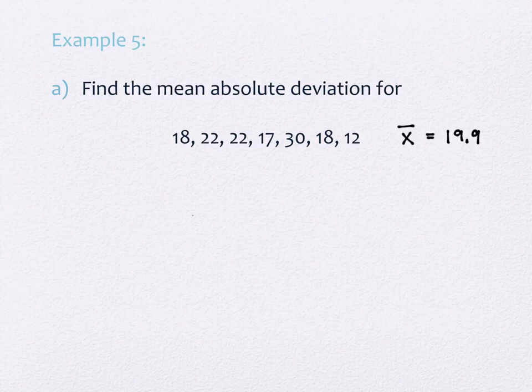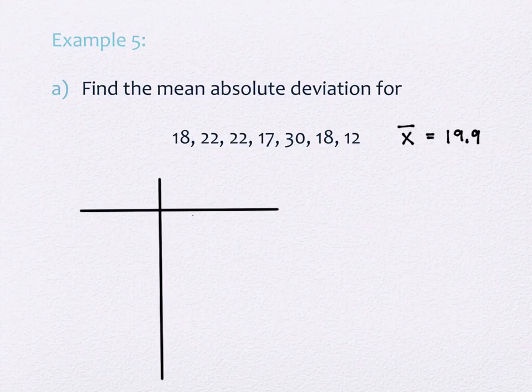All right, what we're going to do is create a table, not because it's absolutely the only way to do it, but because it's a pretty nice way to do it, and it will extend into what we do next time with standard deviation really well. So the first column is just going to be all the X values, the data values that I have, and I'm going to leave them in the order that I'm given them.